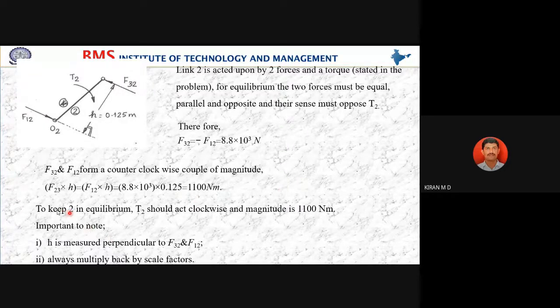So to keep link 2 in equilibrium, T2 should be clockwise, magnitude 1100 Newton meter. H is perpendicular to this one and always measured by the scale.